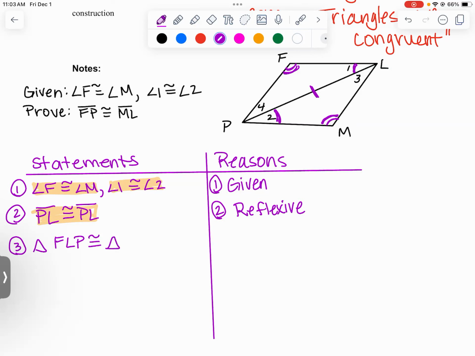What would we call the second one? MPL. And our reasoning would be angle, angle, side.